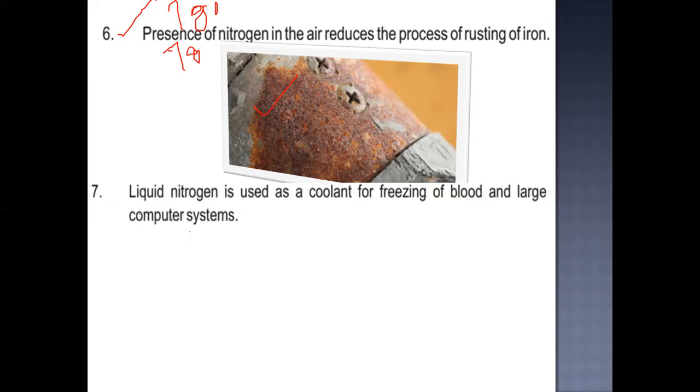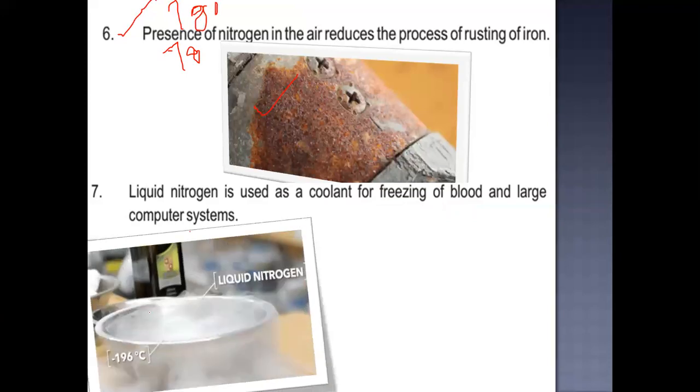Next one, last but not the least, liquid nitrogen is used as a coolant for freezing of blood and for large computer systems. If you see, this is liquid nitrogen.